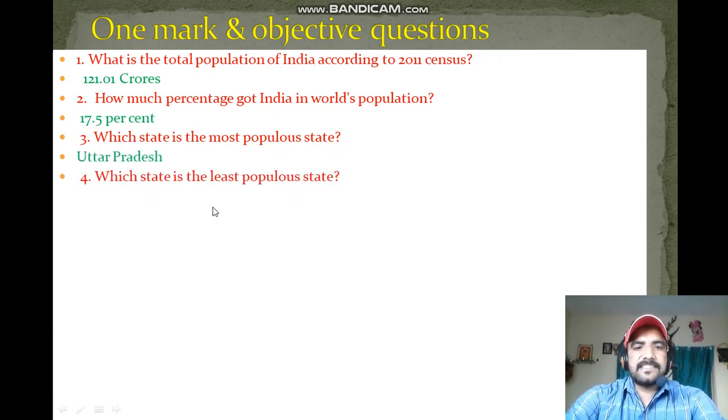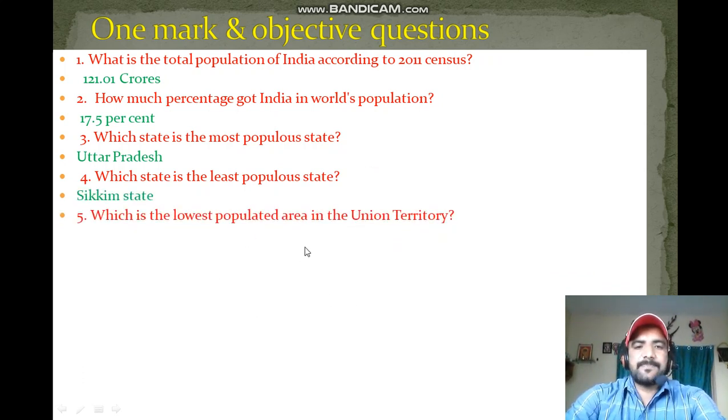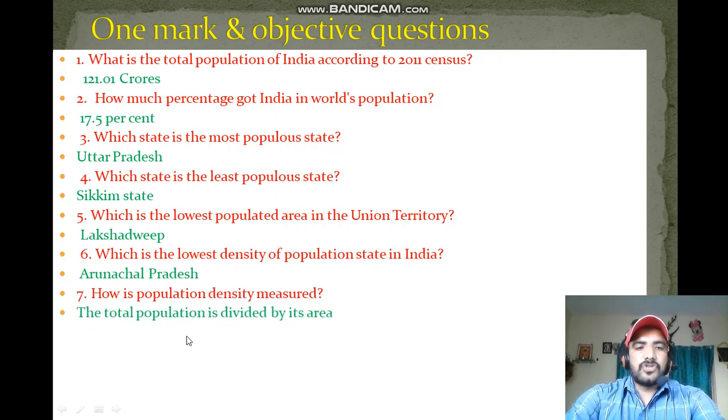Next one, which is the least populated state? That is Sikkim. Next one, which is the lowest populated Union Territory? That is Lakshadweep. Next one, which state has the lowest density of population in India? That is Arunachal Pradesh. Next one, how is population density measured? The total population is divided by its area.